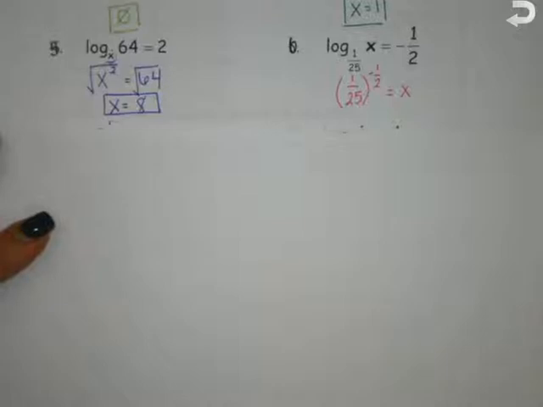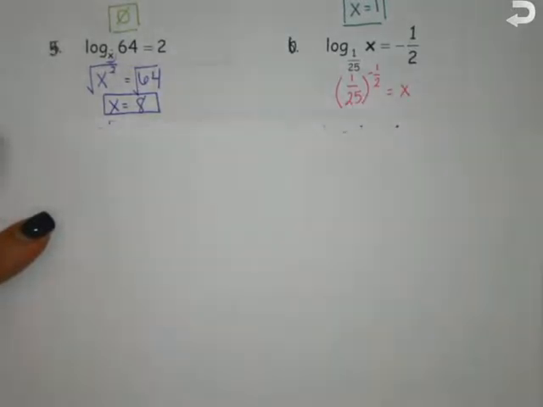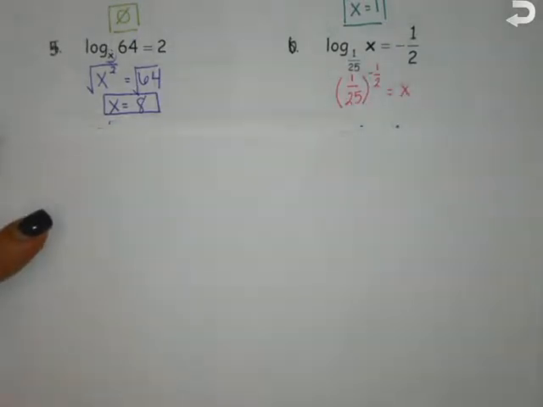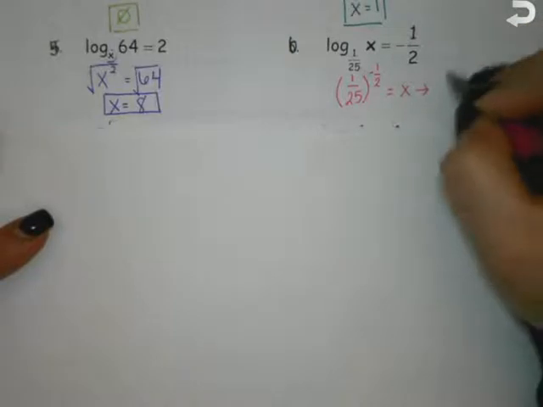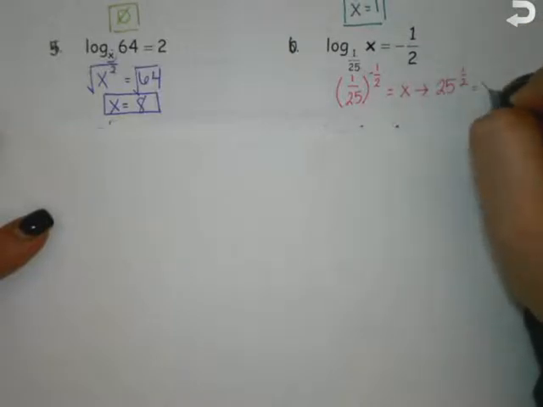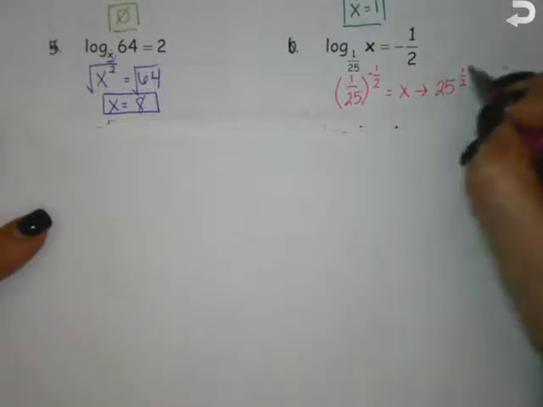You take the reciprocal, right? But my exponent otherwise stays the same. So after you take the reciprocal of the base, your exponent becomes positive, but it stays the same. So this is going to give me 25 to the 1/2 equals x. Okay? That 1/2 does not become a 2. It stays as a 1/2. The only difference is that now it's positive. And what's 25 to the 1/2?